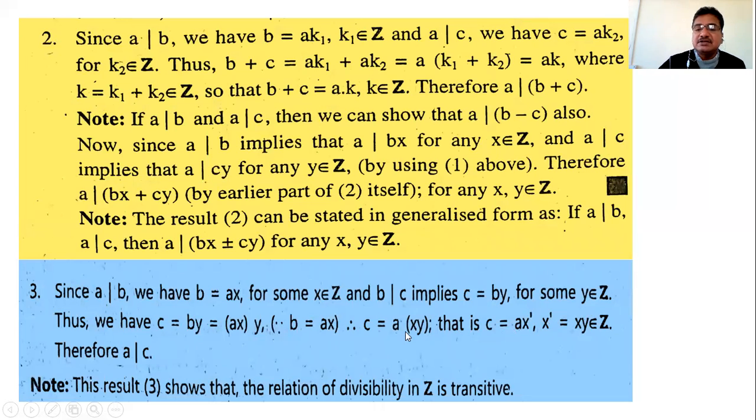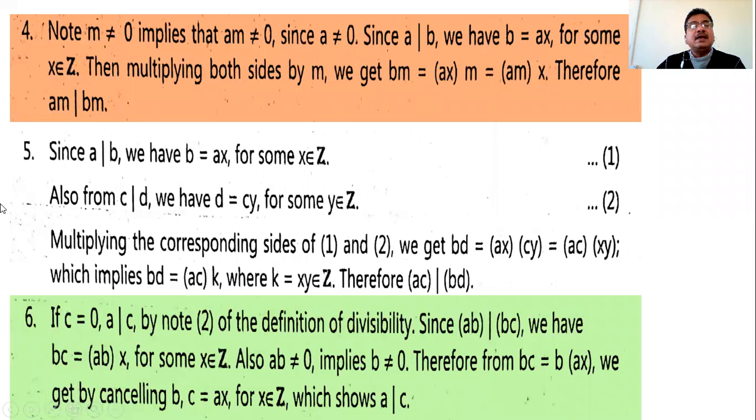Then C is equal to A x dash. Obviously x is an integer, y is an integer, and multiplication of two integers is an integer, and therefore x into y is an integer. Therefore C is expressed in the form A into some integer, which implies A divides C. And this is why divisibility is a transitive property. Then next one is what?